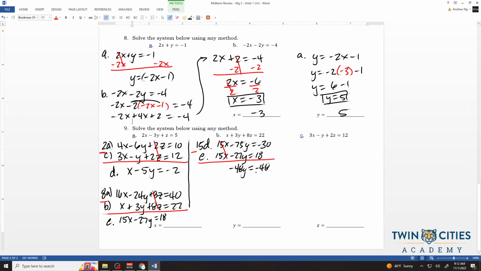And now that I'm down to just one variable, I can divide here and solve for y. So let's divide both sides by negative 48, and y is equal to positive 1.